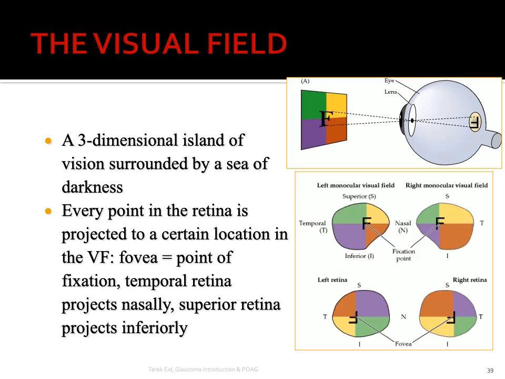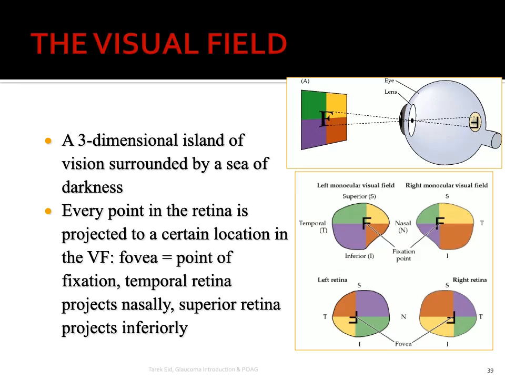So what's right usually is projected to the left visual field. What's in the temporal part of the retina is projected to the nasal visual field. And what's in the nasal part of the retina is projected to the temporal visual field. And what's in the upper part of the retina is projected to the lower visual field. And what's in the lower part of the retina is projected to the upper visual field.